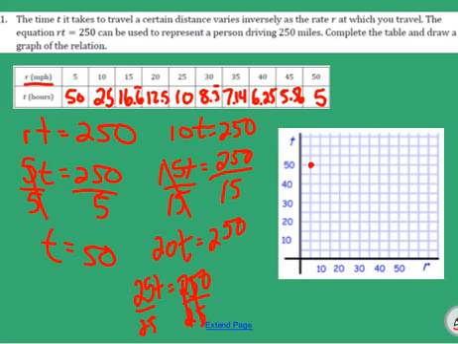Then 10 would be the rate, it'd go to 25. 15, it would be about 16.6, so that'd be just above that line. 20 is about 12.5, so about here. 25 is 10. 30 is 8.3. 35 is 7.1. 40 is 6.25. Alright, 45 is 5.56. 50 is 5. So this varies inversely.